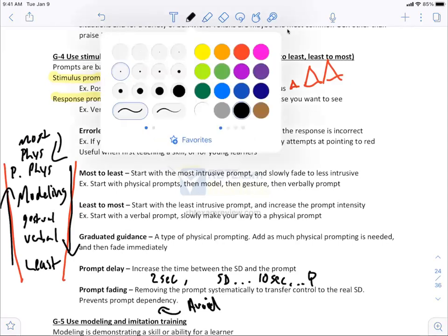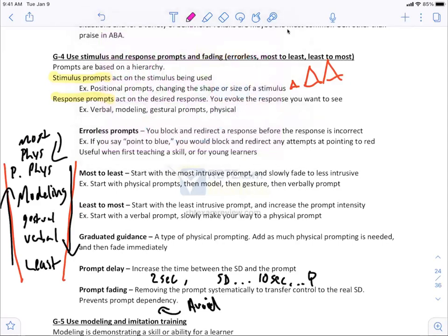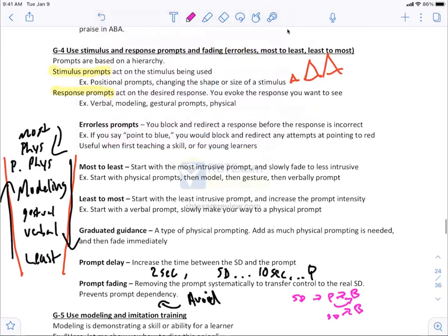That contingency or that sequence looks like SD, prompt, behavior, right? So that prompt is evoking the behavior. When we fade or transfer control, we want the SD to control the behavior. We want it to look like SD, behavior. Okay, so that's what we mean when we say transfer control or fade the prompt.